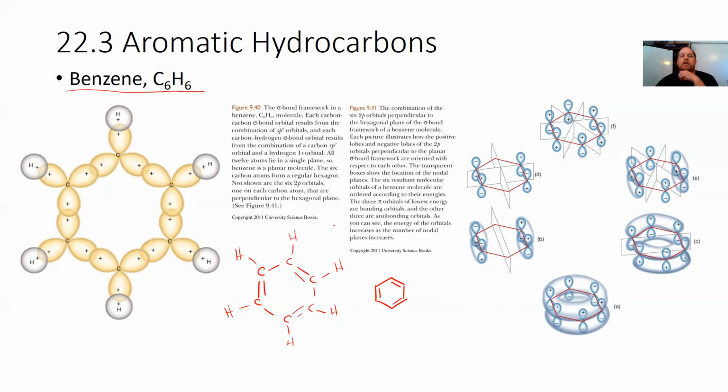Right, so there's a benzene molecule, and when we look at this, we know that there's this pi system and that benzene has resonance. And since benzene has resonance, we can draw it out like this as well. And understand that the actual structure of benzene is a superposition of these two structures.